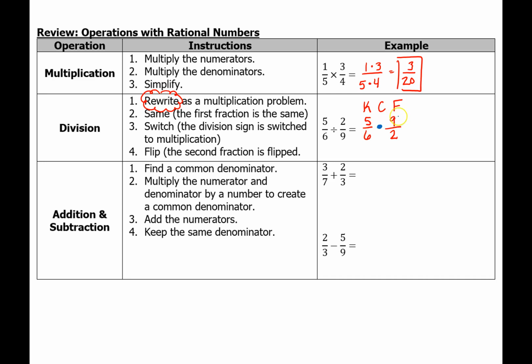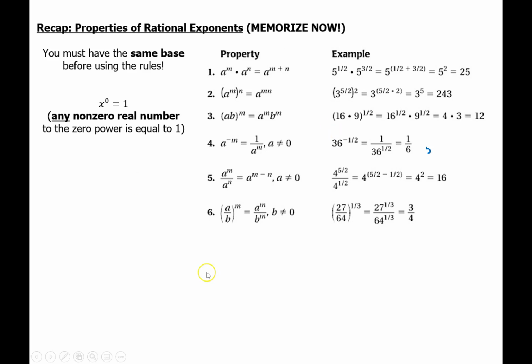So if I divide out that factor of 3, 9 divided by 3 is 3, and 6 divided by 3 is 2. So that leaves me with 5 over 2 times 3 over 2. And now I don't have any other factors that will divide out. So when I multiply across, I get 15 over 4.